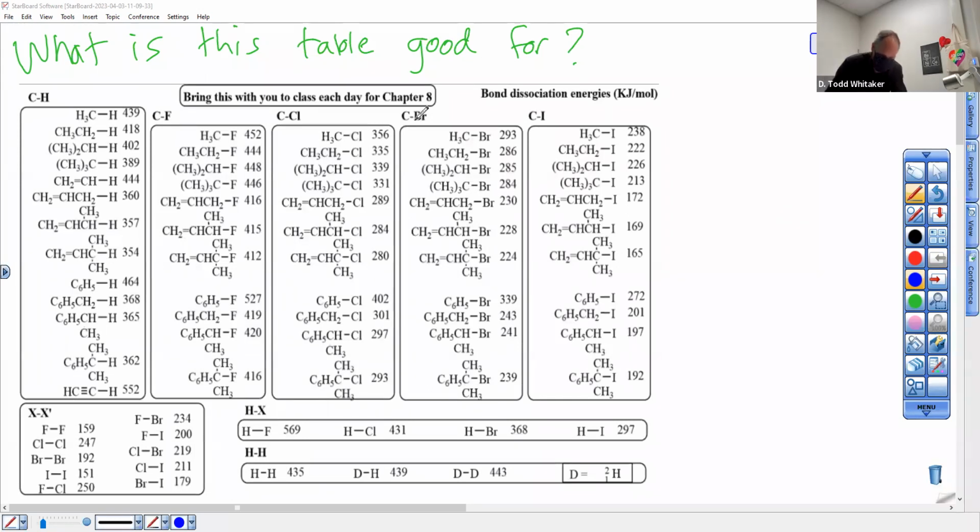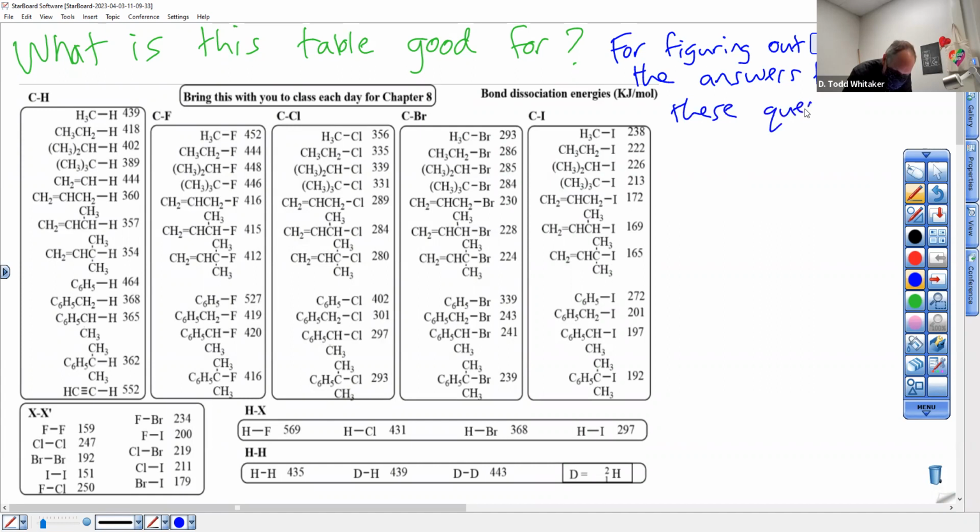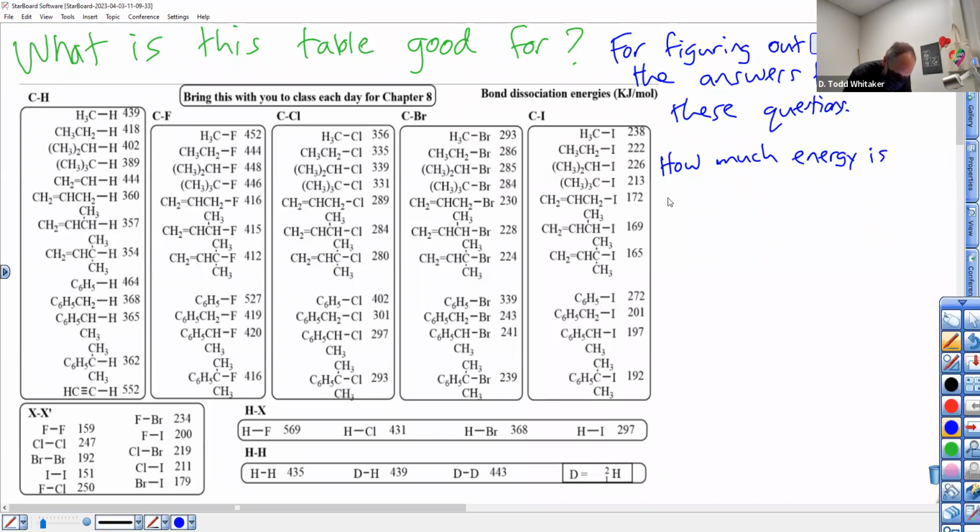Well, it's good for figuring out the answers to these questions. They're not activity questions. Here's the question. How much energy is required?